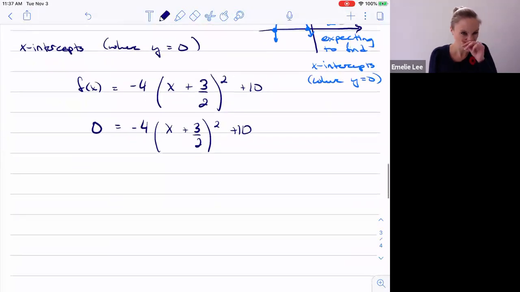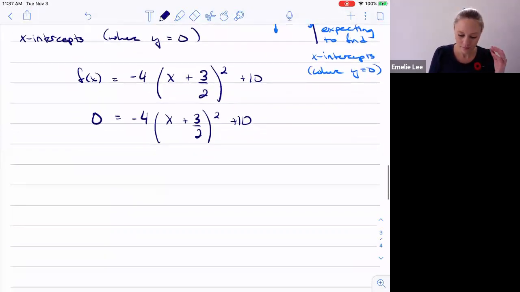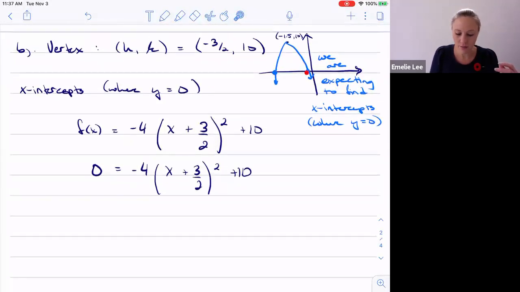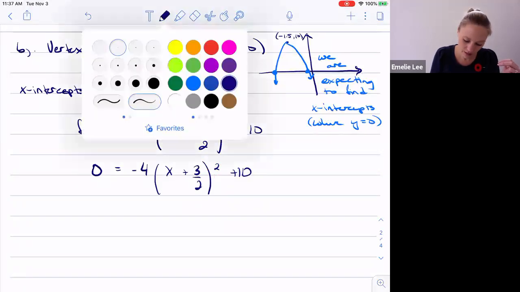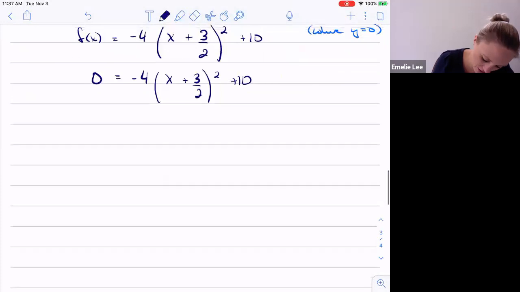Oops. So now, if I have to solve for the values of x that make this 0, I know I'm going to find two values, right? And that's going to come from this square. Okay, so we'll just keep solving for x here.